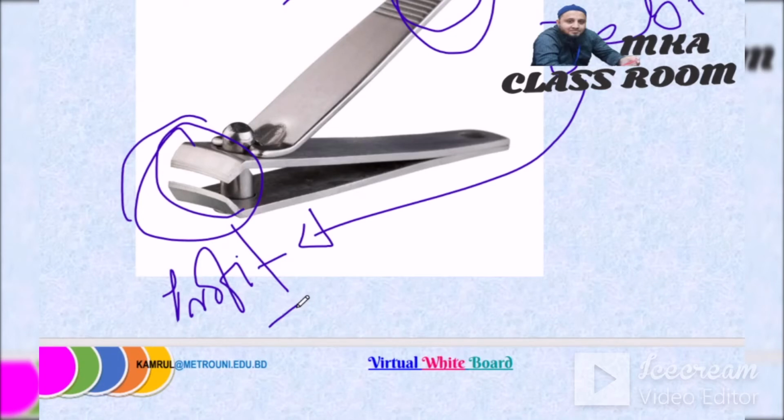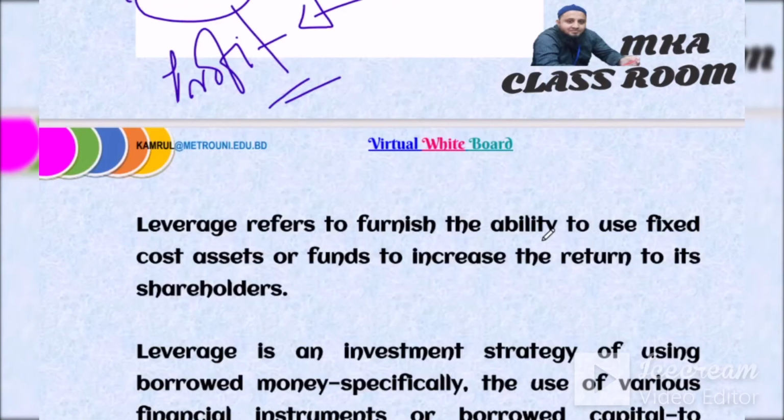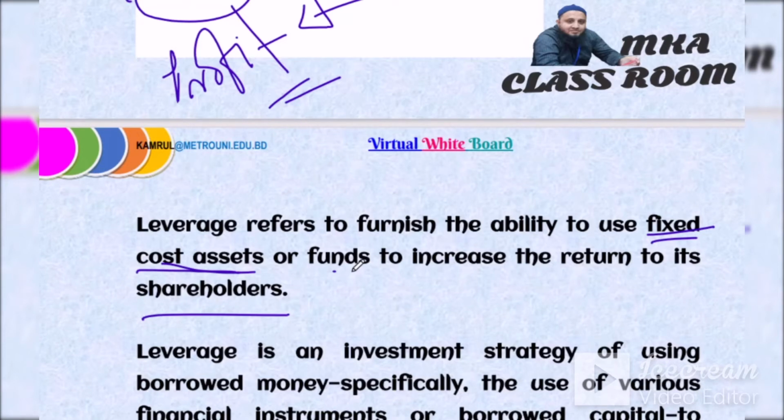So now you will see leverage refers to the ability to use fixed cost assets or funds to increase the return to its shareholders. That means fixed cost assets, that means debt. If you use debt or funds, it increases the return to its stockholders.